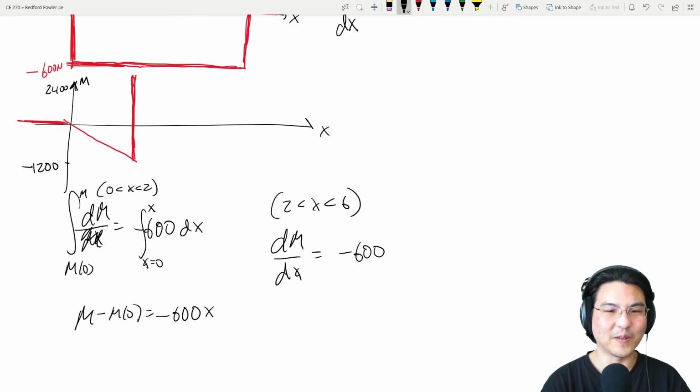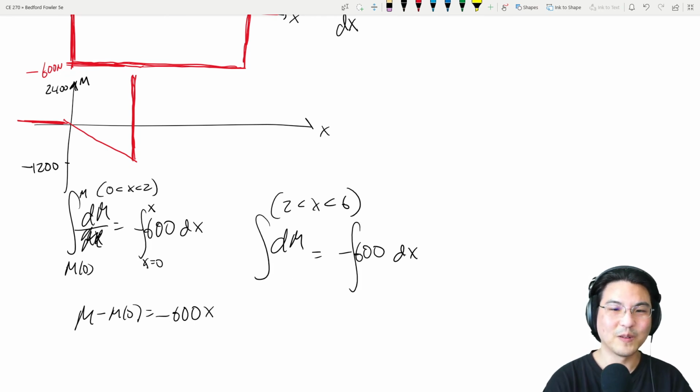So how do you solve for M? Move dx over here, integrate both sides, but let's be careful. We're integrating from x equal to 2 to some x between 2 and 6, M at x equal to 2 to some other M of x between 2 and 6.